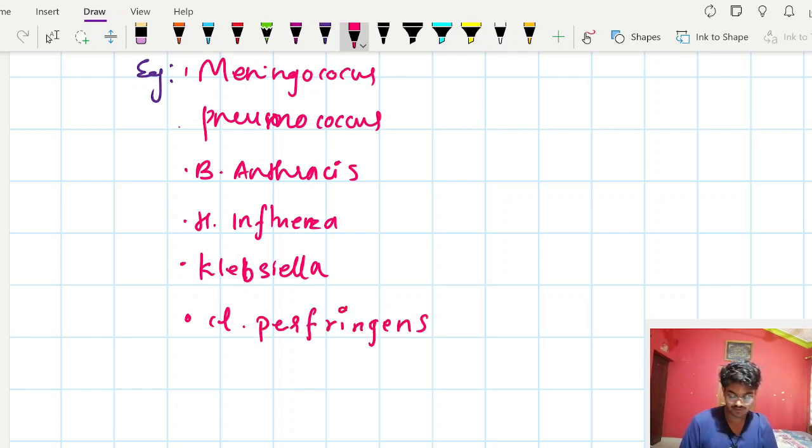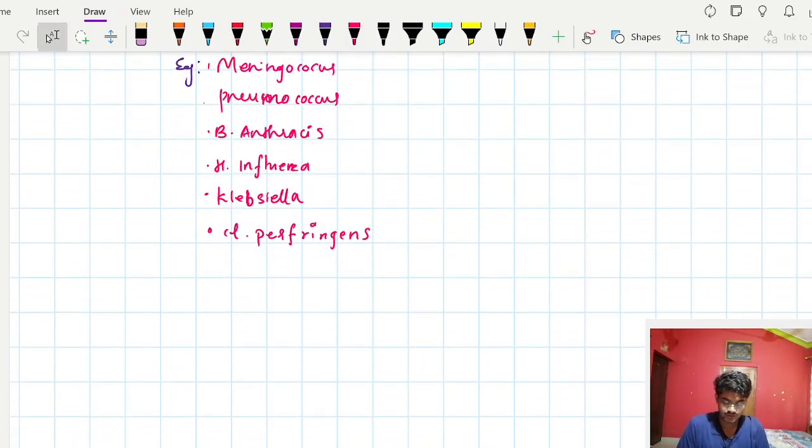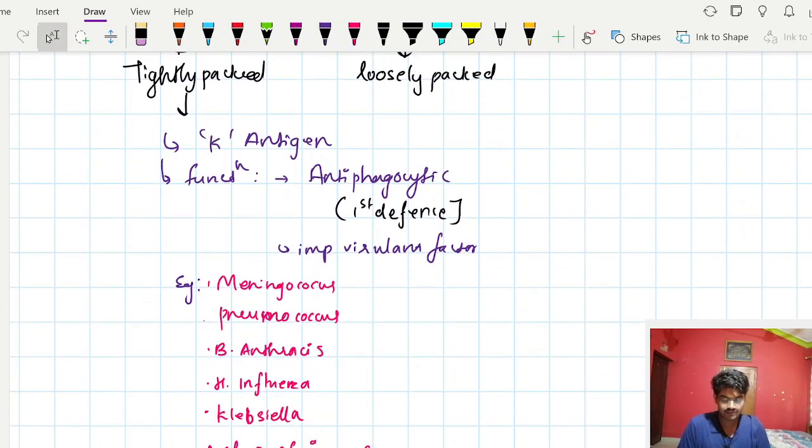These are our six bacteria which have capsules. So these are our important virulent factors.